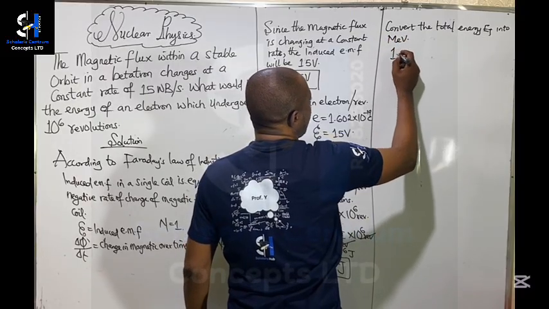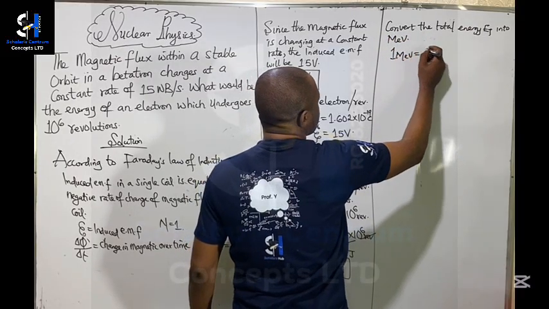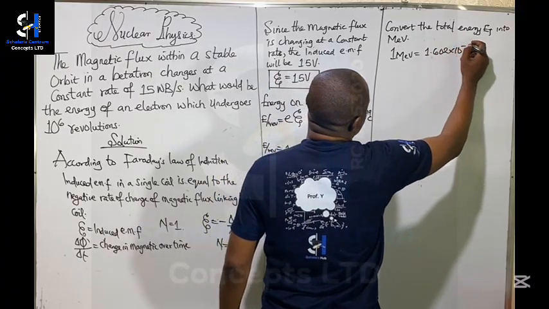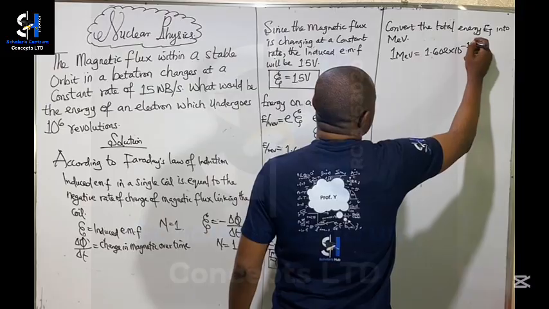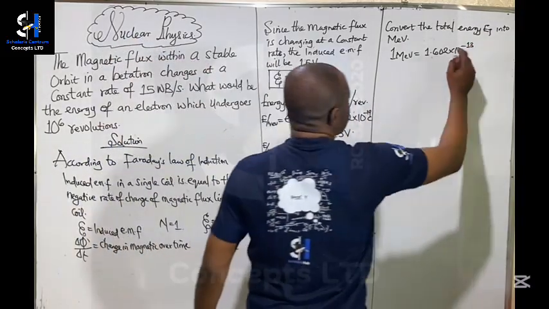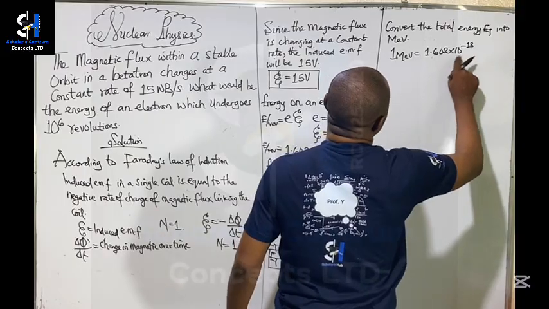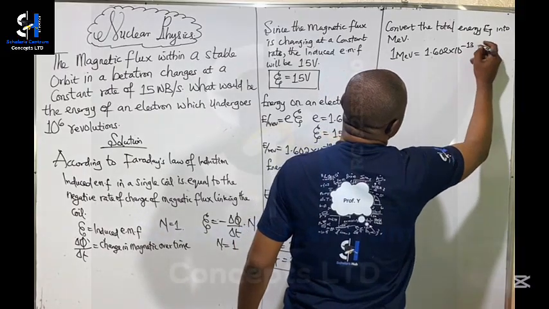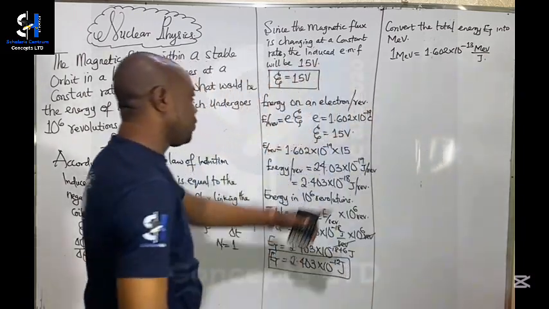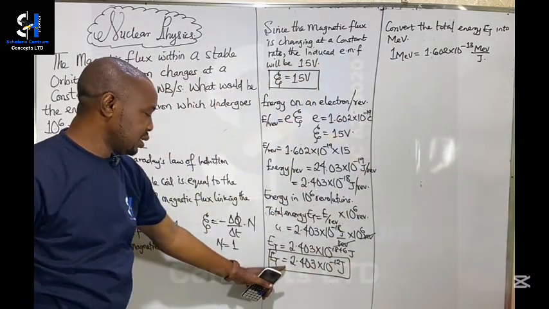Now we know that 1 mega electron volt is 1.602 times 10 raised to the power of negative 13 joules. So this value will be used to divide this value.